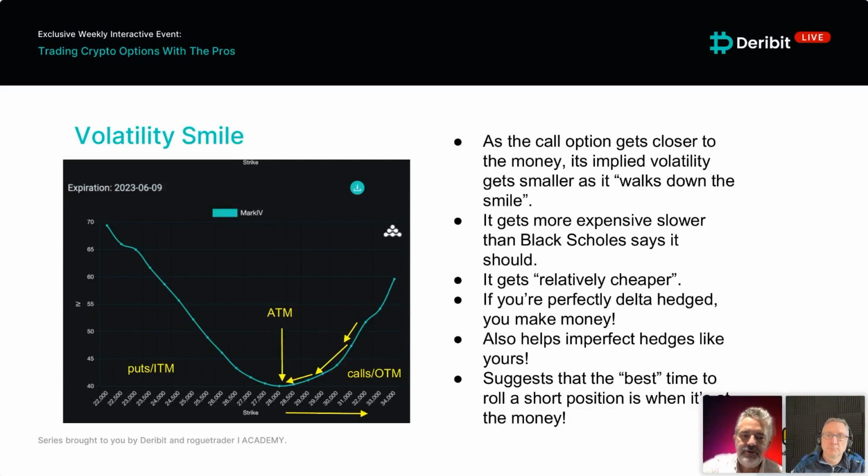The time when that option is at its minimum volatility is when it's at the money, which kind of says that it's the cheapest it's ever going to get. On a relative value basis, it's at its cheapest when it's at the money, which kind of implies that the best time to roll a position is when it's at the money, because that's the time you're going to pay the least premium for it, or the least relative premium for it, as long as you've hedged your delta.